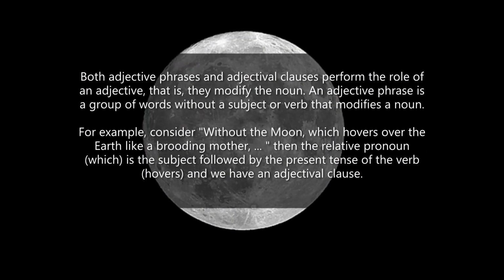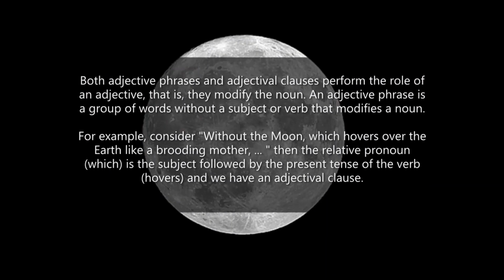And before I continue, I just want to give you a difference between what an adjective phrase and an adjectival clause does. Both adjective phrases and adjectival clauses perform the role of an adjective. That is, they modify the noun. An adjective phrase is a group of words without a subject or a verb that modifies a noun.